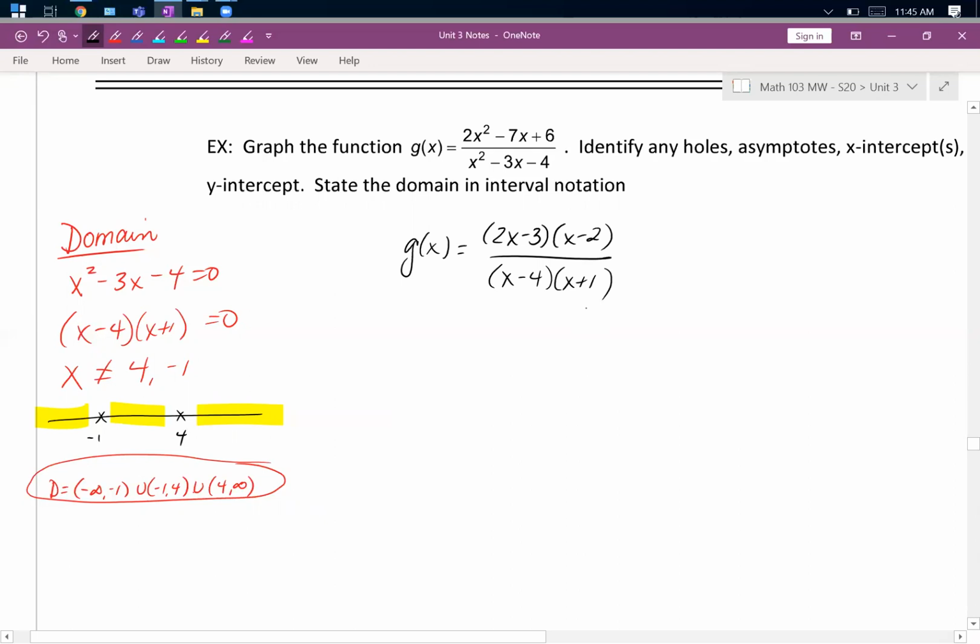So are there any holes? No. No common factor, so that means we have no holes.